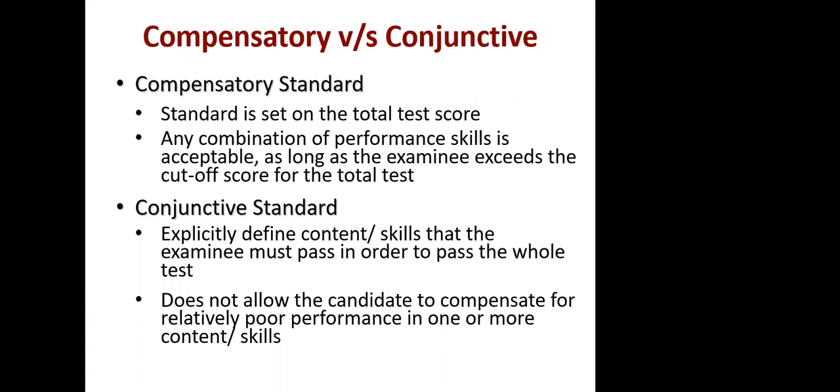It does not allow a candidate to compensate for relatively poor performance in one content or skill with a high performance in other skill. So if the examinee is very good in history taking, but does not know physical exam at all, they will not be able to pass using a conjunctive standard, but will be able to pass using a compensatory standard.